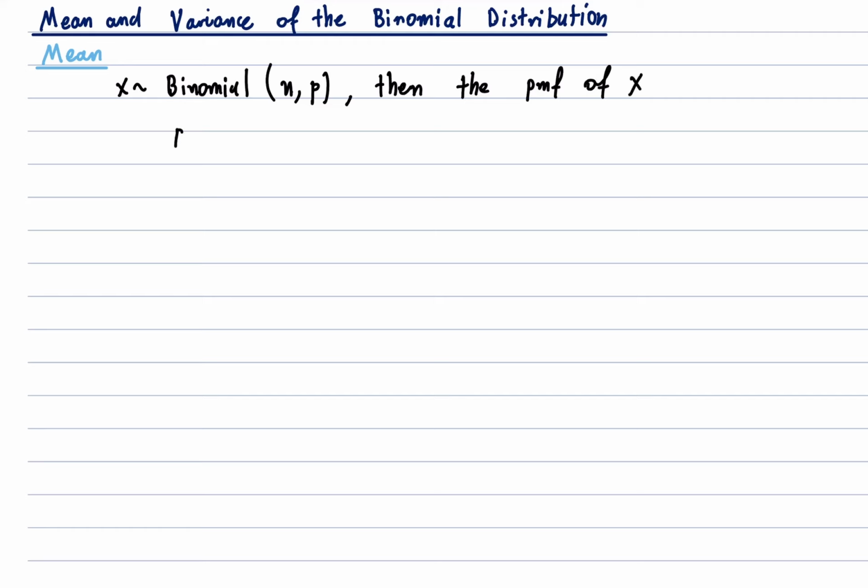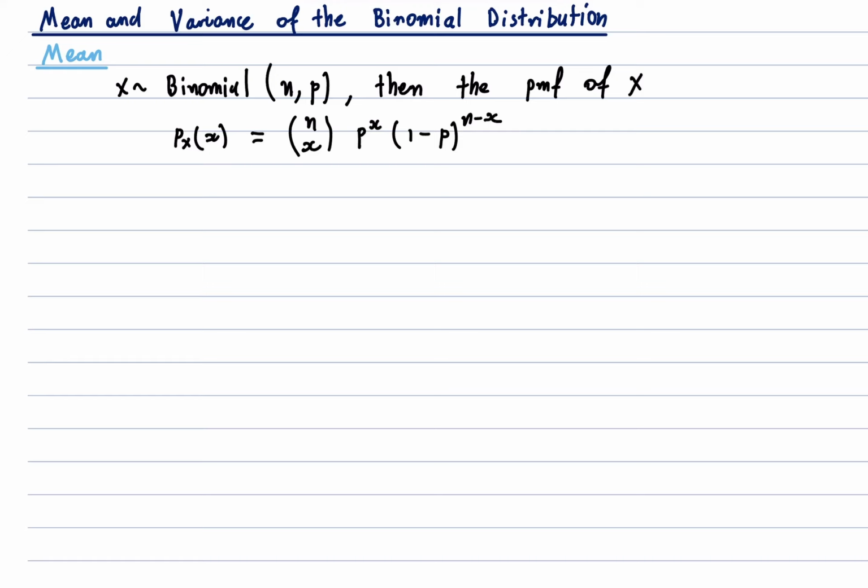We can write P_X(x), or the probability that X is equal to the observation x, is equal to n choose x, p to the power of x, 1 minus p to the power of n minus x.